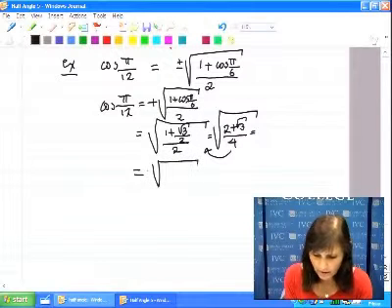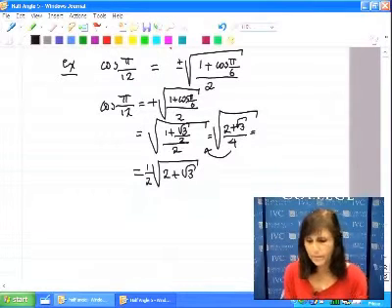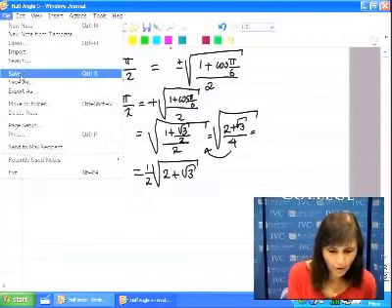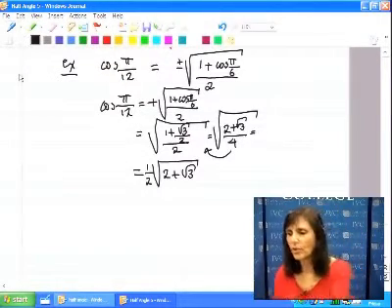That's going to give me 1 over 2 times the square root of 2 plus rad 3. So you have a double radical situation in there. But you have to see whether you are picking the positive or the negative.